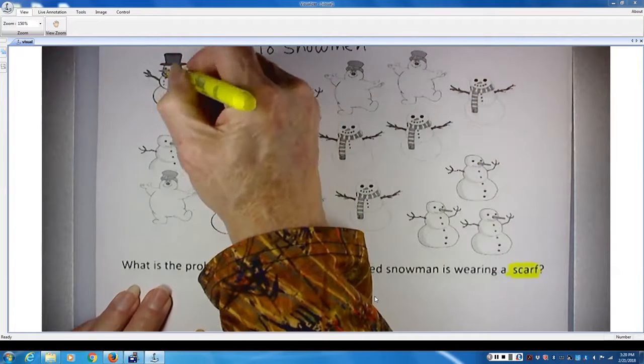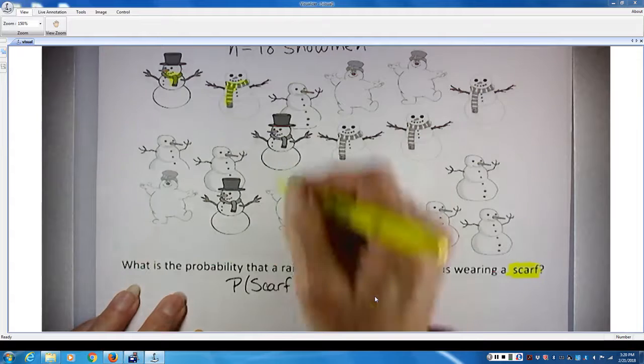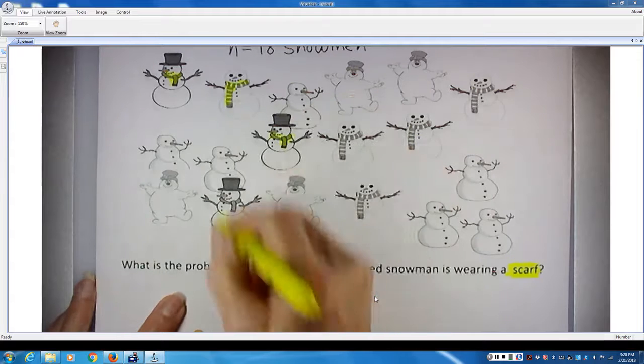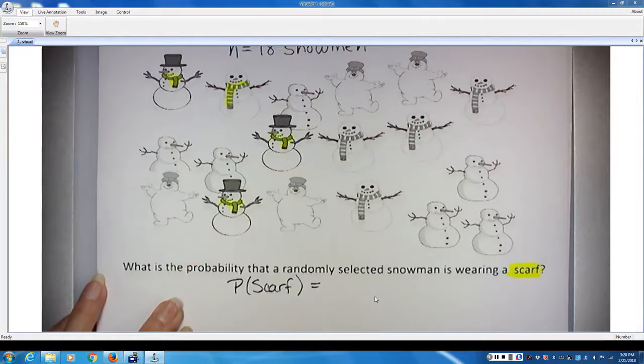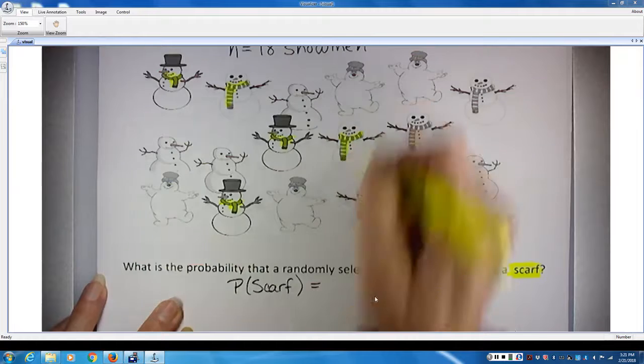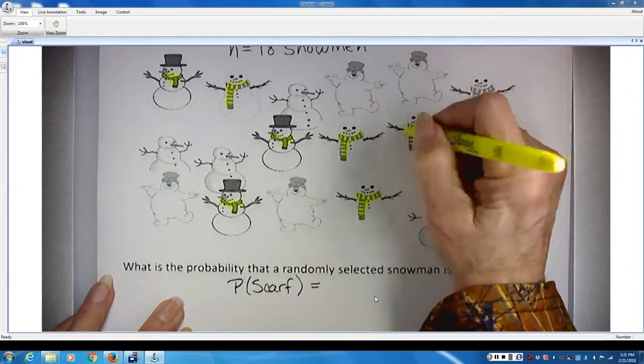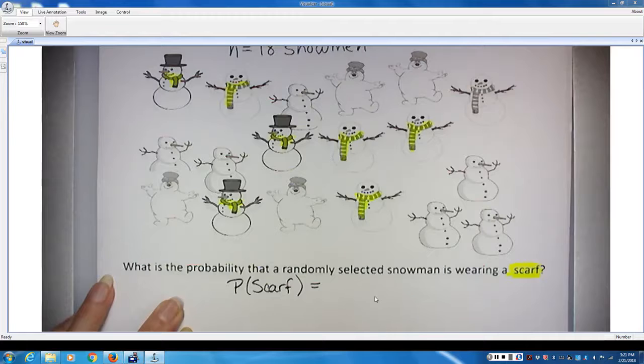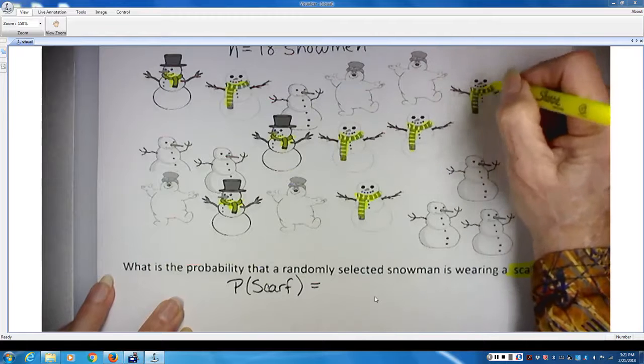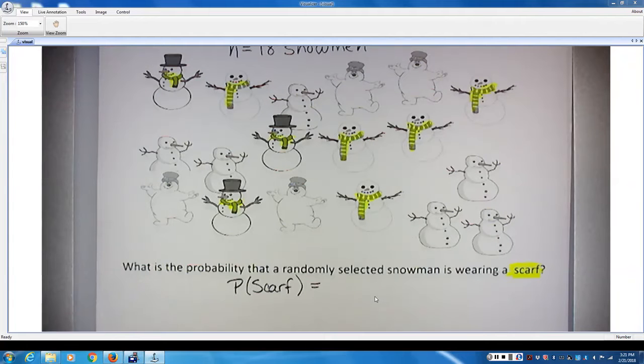Here's 1, 2, 3, 4, 5, 6, 7, 8. So 8 of those snowmen were wearing scarves. That means that the probability is 8 who were wearing scarves out of 18 total snowmen.